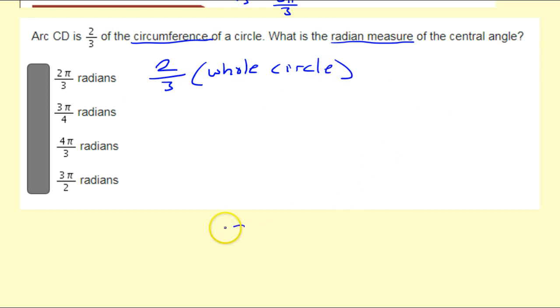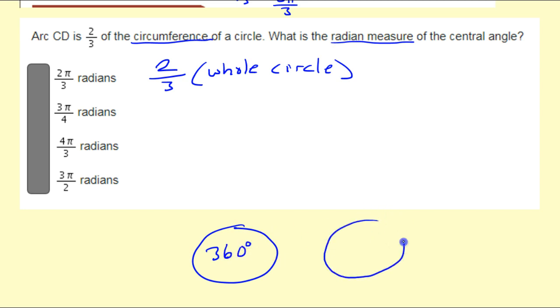Well, you know how an entire circle is 360 degrees? Well, an entire circle is 2 pi radians. Radians don't have a unit, so I'm just putting radians in parentheses so you know what I'm talking about.